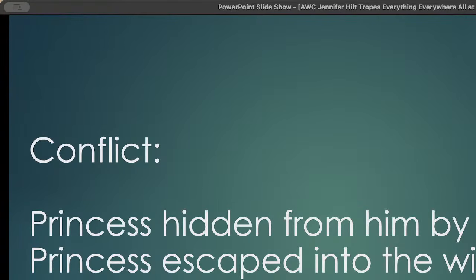He doesn't even know that he's looking for a female when the story begins. There are all these more powerful people chasing her, and she has a power that they want to harness that could bring down the kingdom. It's a huge conflict, right? It's not a small conflict. It's a really, really big conflict that will affect him and the world around him.